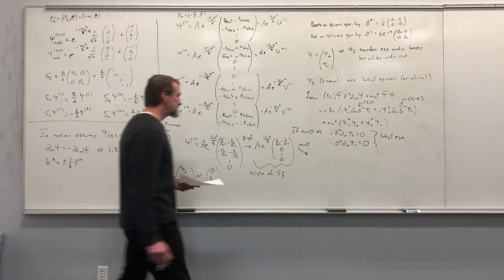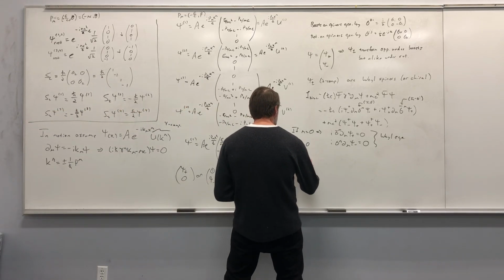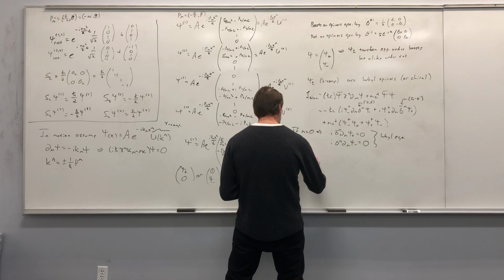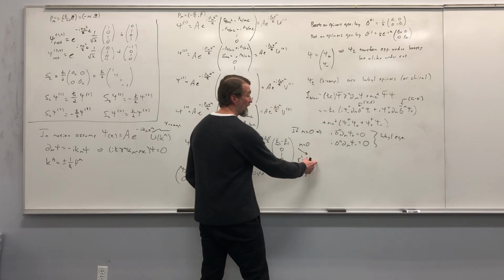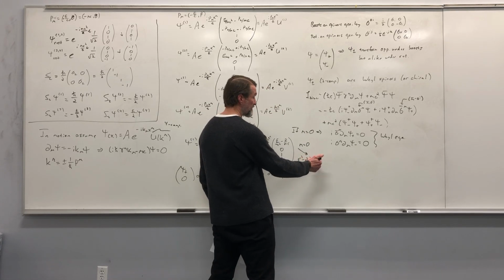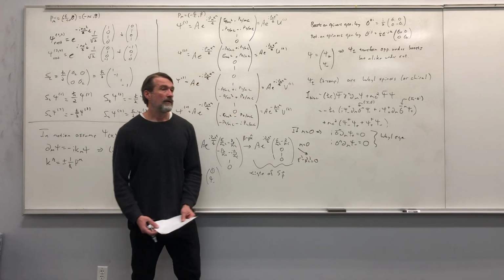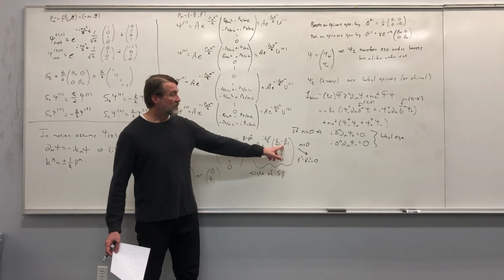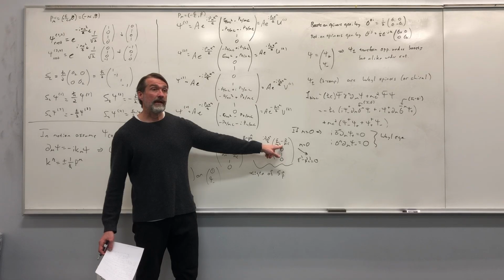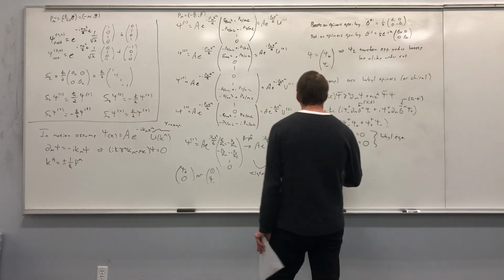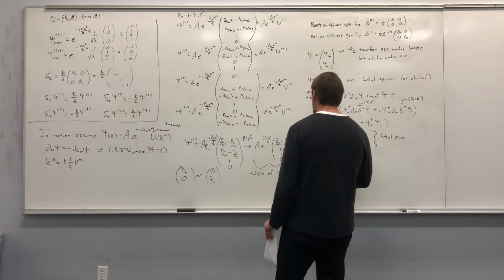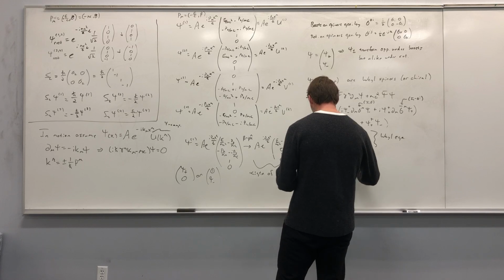If you take m to 0, first and foremost, you should remember that E² − p²c² is equal to m²c⁴, but if m is 0, this is 0. Well, you can take this and determine that this term right here is exactly 0. So in the massless case, this becomes e^(i p_μ x^μ/ħ) times (0, 0, 1, 0).